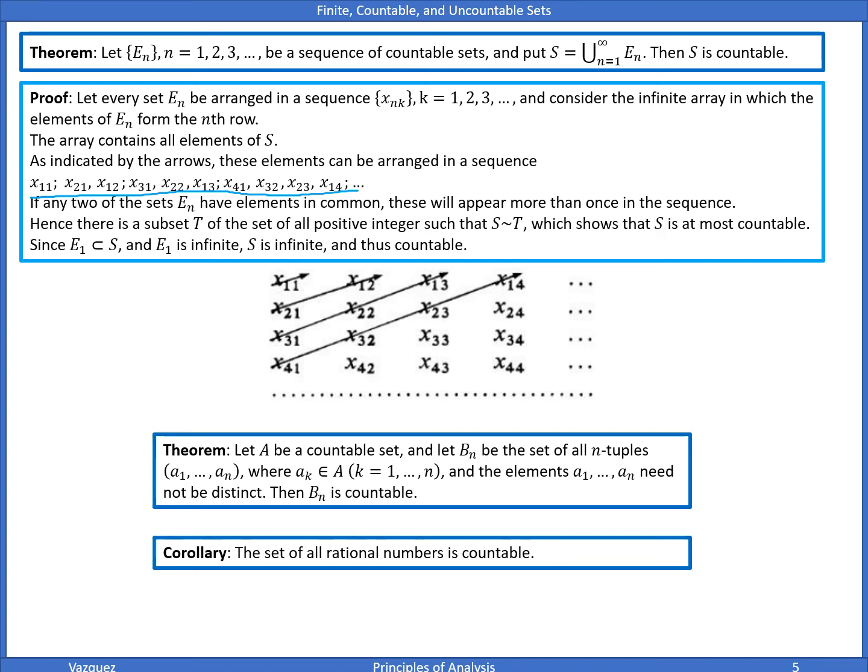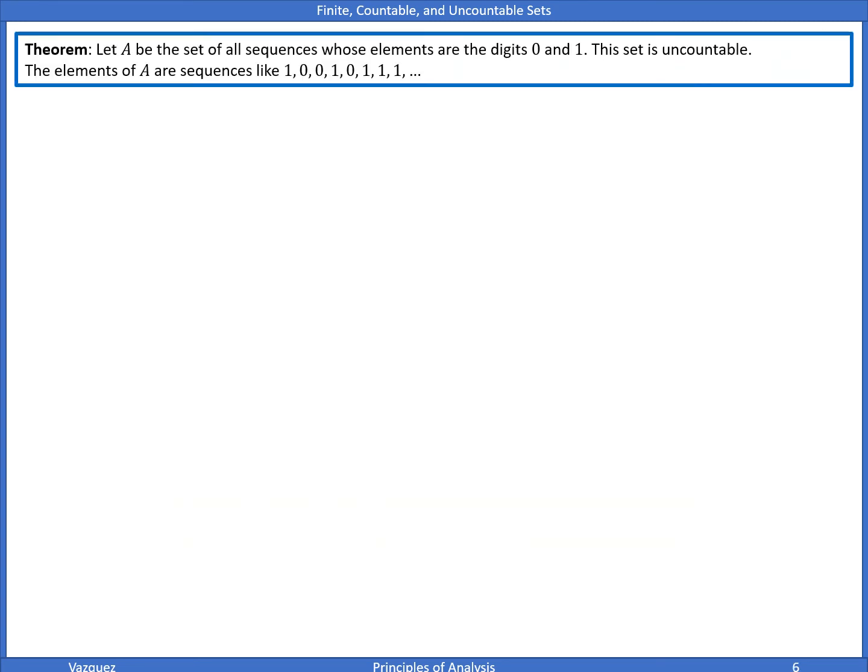We're actually going to be looking at something interesting on this last slide. So let A be the set of all sequences whose elements are the digits 0 and 1. This set is actually uncountable. The elements of A are sequences like this one that I'm showing here. This is just one of the sequences: 1, 0, 0, 1, 0, 1, 1, 1, so on and so forth.